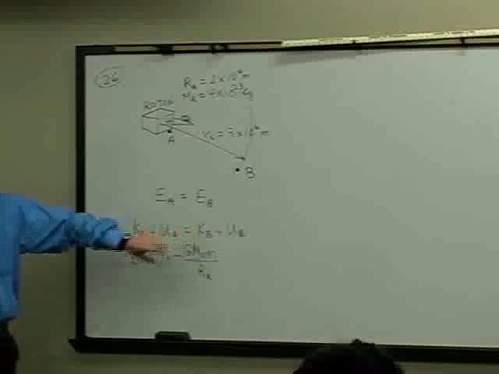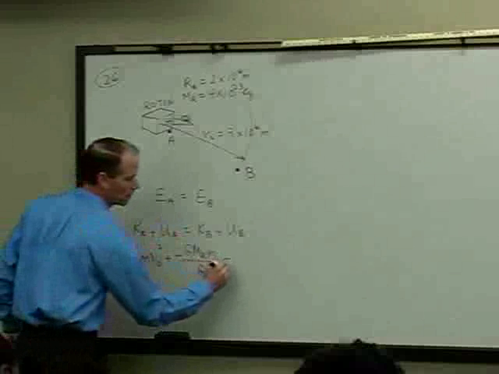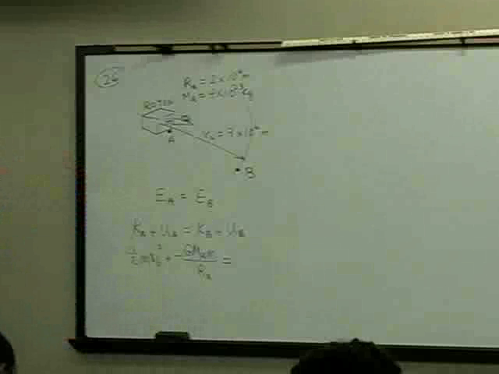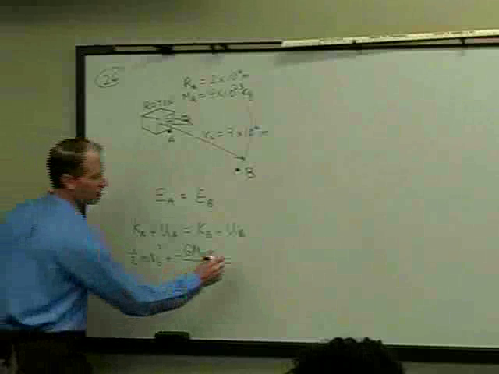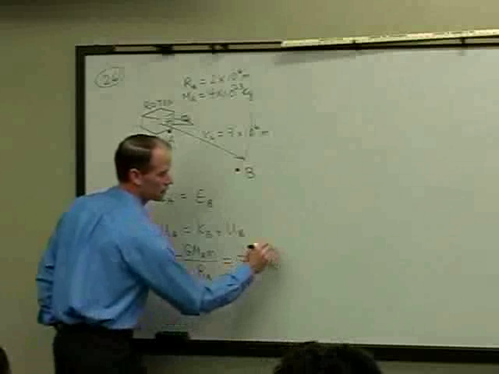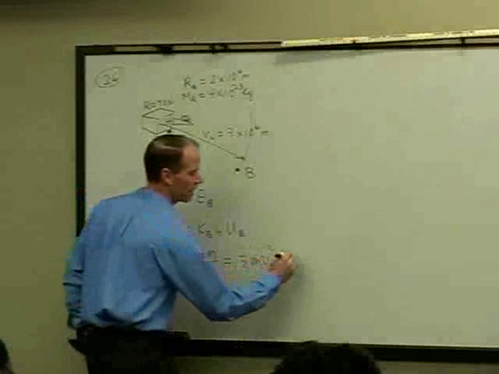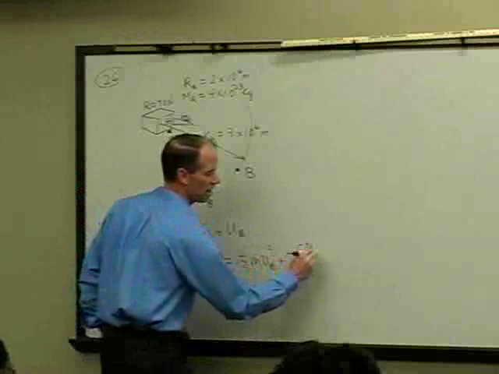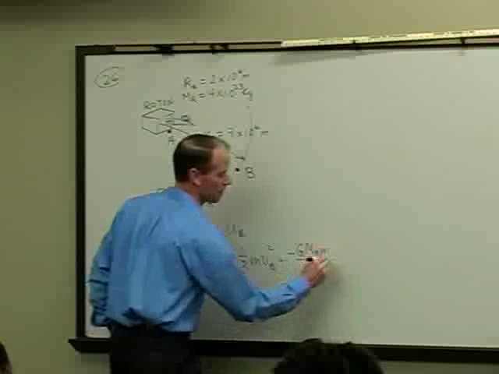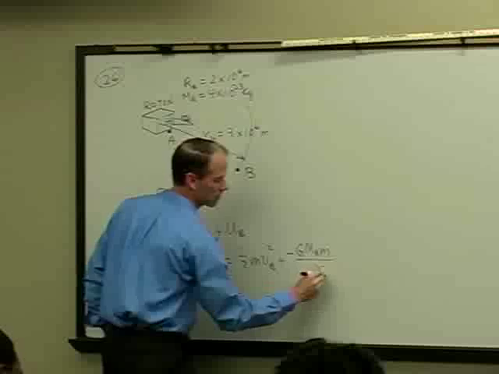We're on the surface. That should equal our kinetic energy at B, 1/2 mass times velocity at B squared, plus our binding energy at B, which will be negative G times mass of Rotan times mass of the spacecraft over our radius at that point, R at B.